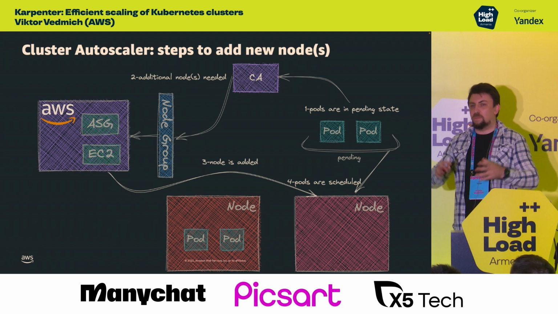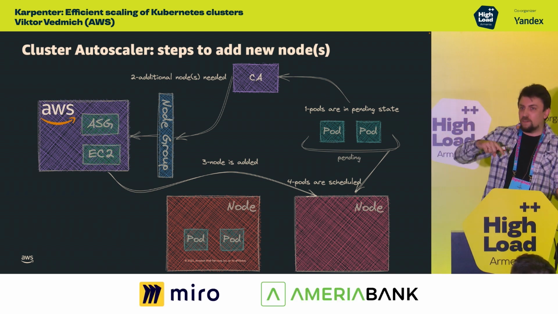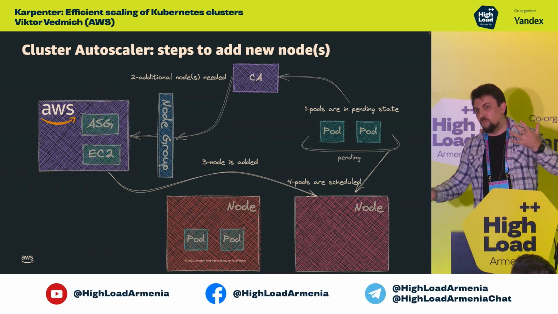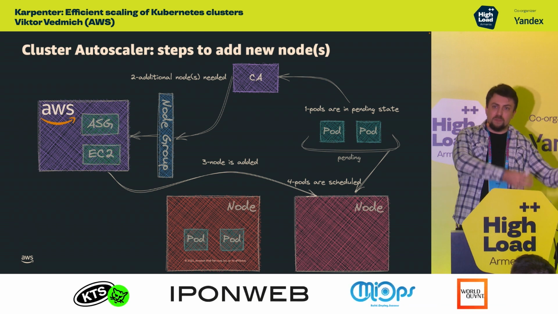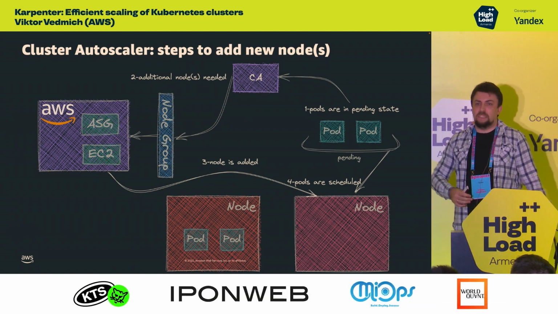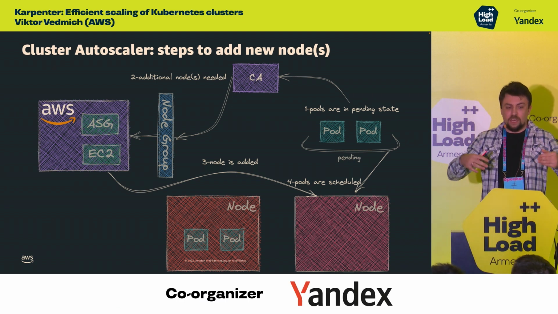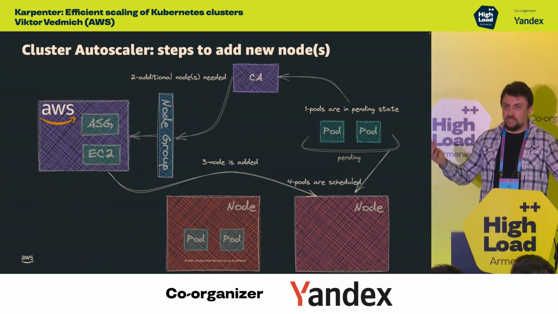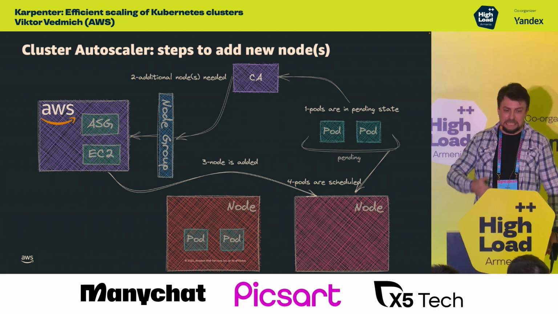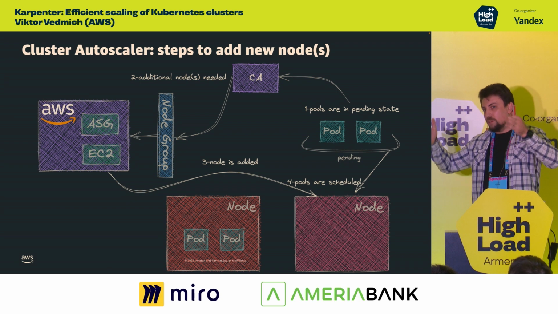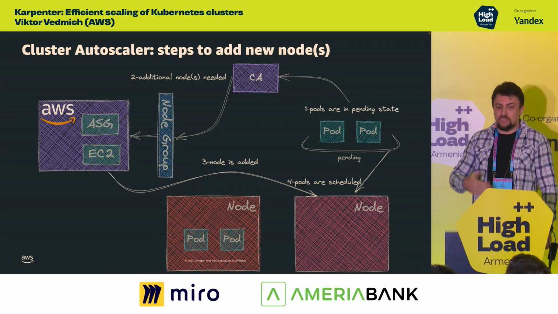Node group is an abstraction which doesn't exist in Kubernetes, but anyway, we connect to the ASG, the auto scaling group, based on our configuration. We remember that we have to define minimum, desired and maximum capacity of my ASG. So based on this configuration and this communication, the ASG, in general EC2, provides us new resources. It can be one instance, multiple instances, doesn't matter. And we have new capacity, new resources where we can put our application. So that's how it currently works.